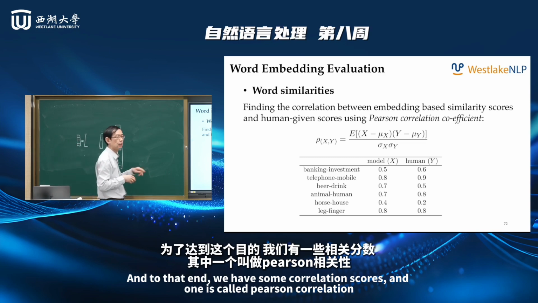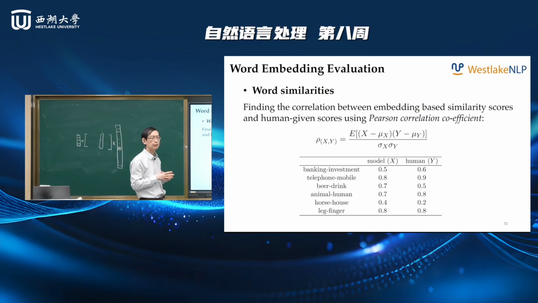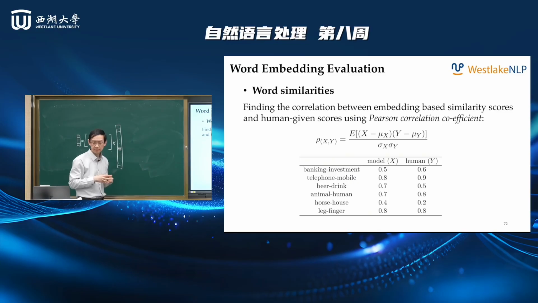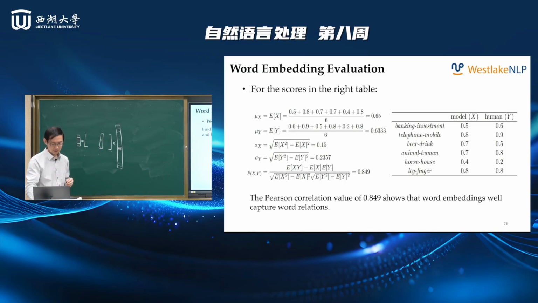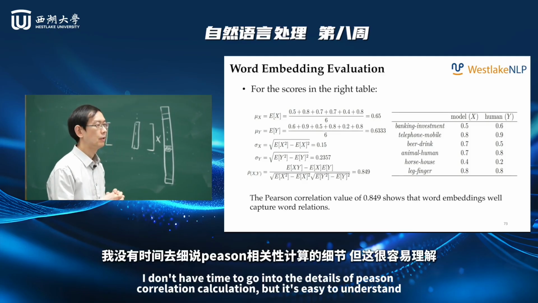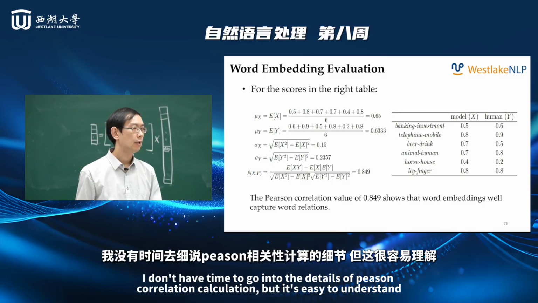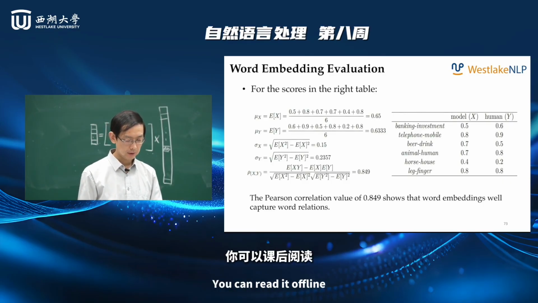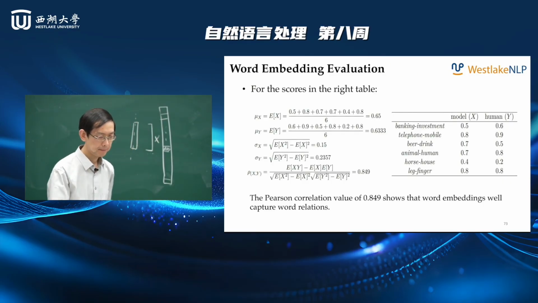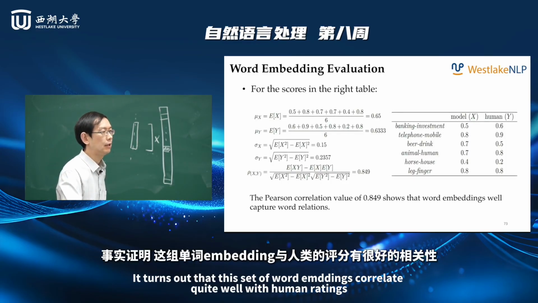One is called Pearson correlation. I don't have time to go into the details of the Pearson correlation calculation, but it's easy to understand. You can read it offline. It turns out that this set of word embeddings correlates quite well with human ratings.